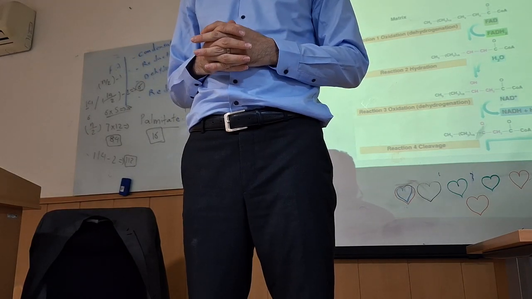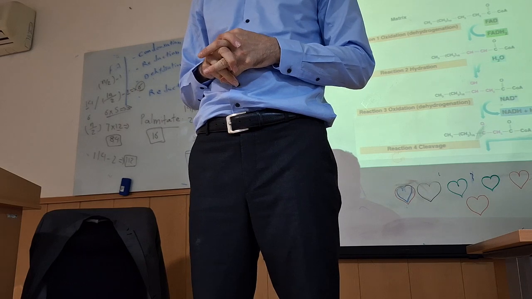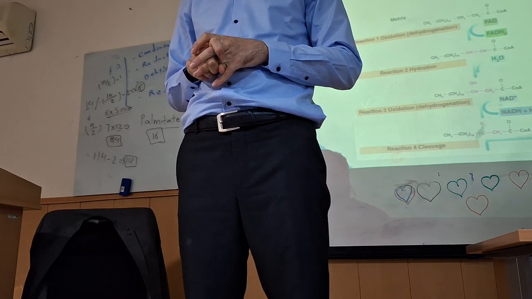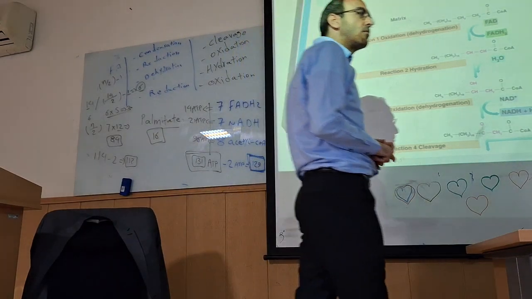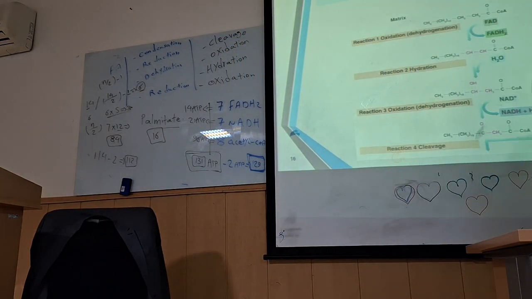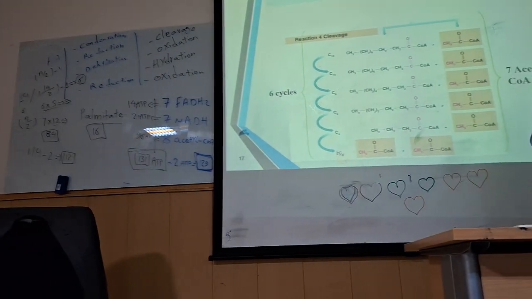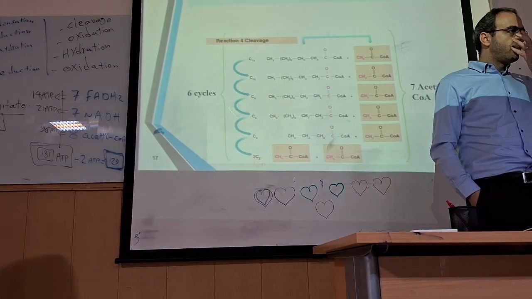So the 7 is the acetyl-CoA, right? Yes. Doctor, you calculate the number of FADH and NADH using the cycle number?